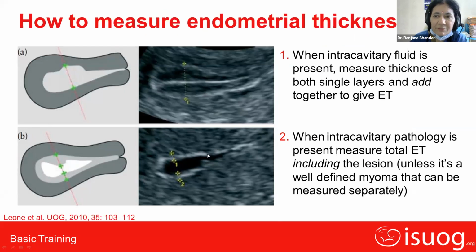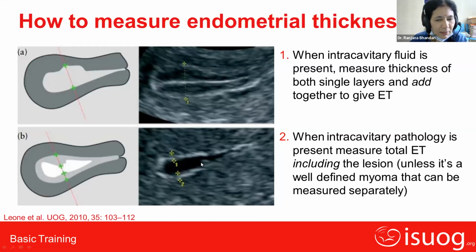When intracavitary fluid is present, we will measure the thickness separately, anterior layer and posterior layer, sum it up, and then give the endometrial thickness. Many times we have endometrial pathology. If the pathology is endometrial in nature, we will include it within the thickness.